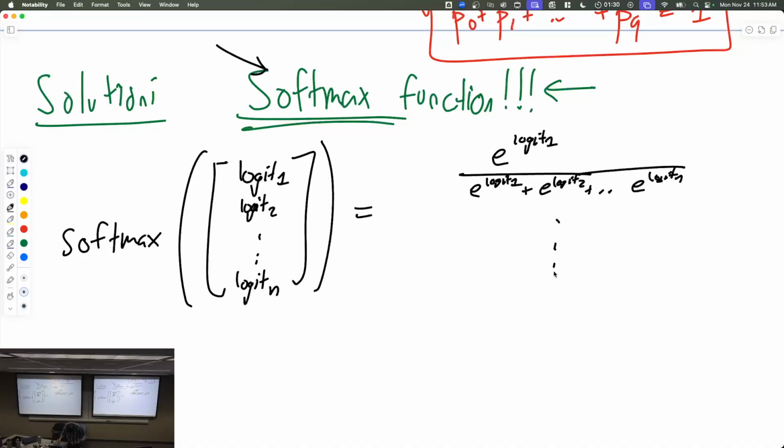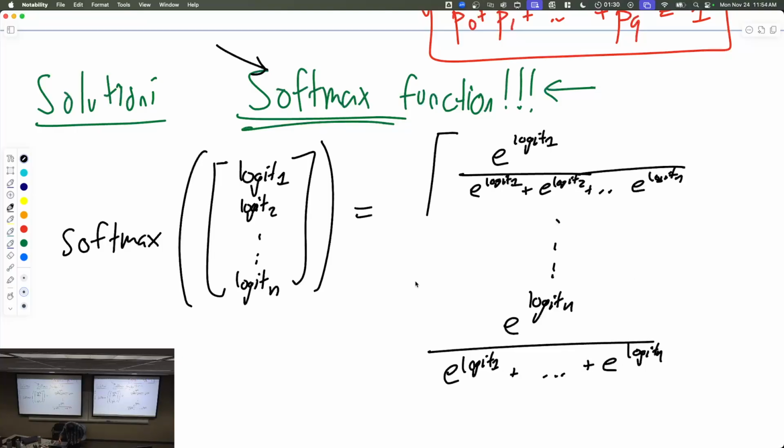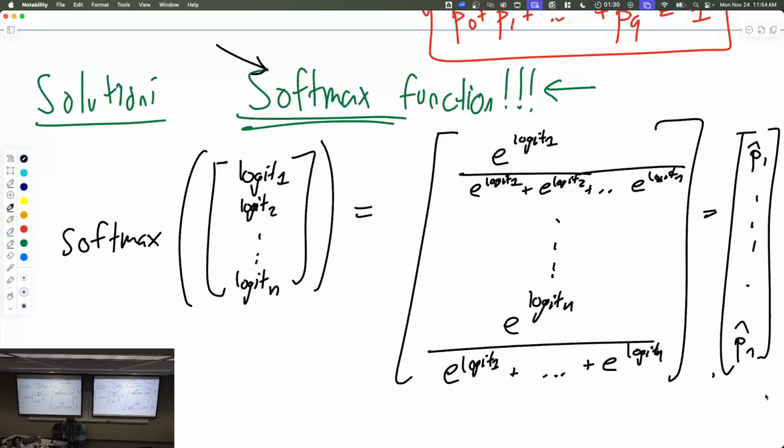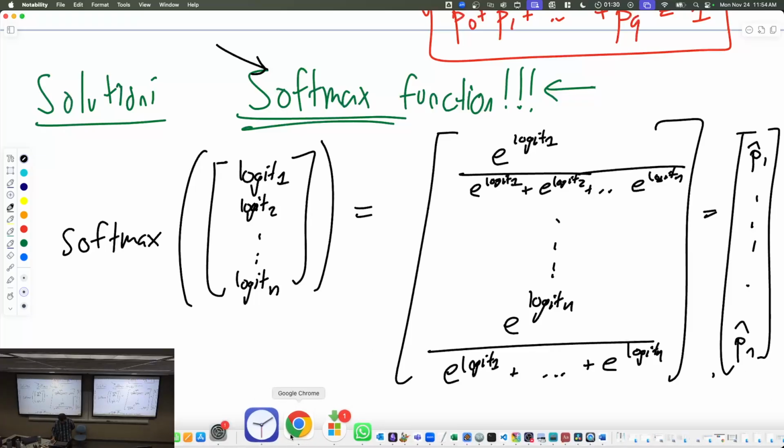And then you do this whole thing. You just change what's in the numerator for each of them. Okay. Right? That's what it is. So it's the vector, and it turns these into probabilities. These are now probabilities. I'm going to call them p hats, p hat 1 all the way up to p hat n, where n is the number of classes you have. Okay, very nice. So now we're going to do this in our code, and we just have to fill in what to do.